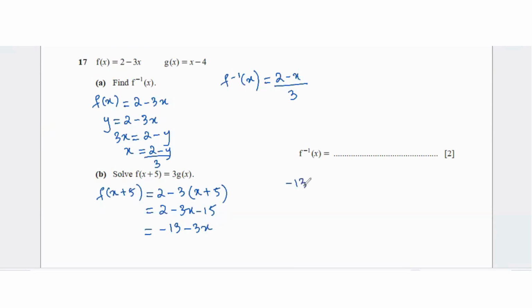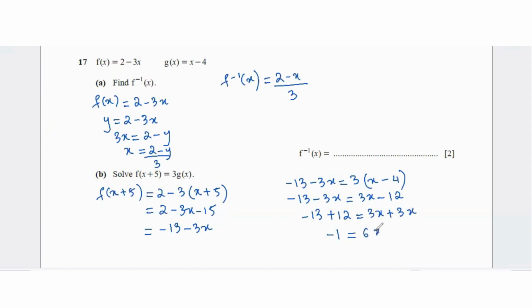So negative 13 minus 3x is put equal to 3 times x minus 4, which is going to be 3x minus 12, and negative 13 plus 12 equals 3x plus 3x. That's negative 1 equals 6x, and negative 1 divided by 6 equals x. That is your answer.